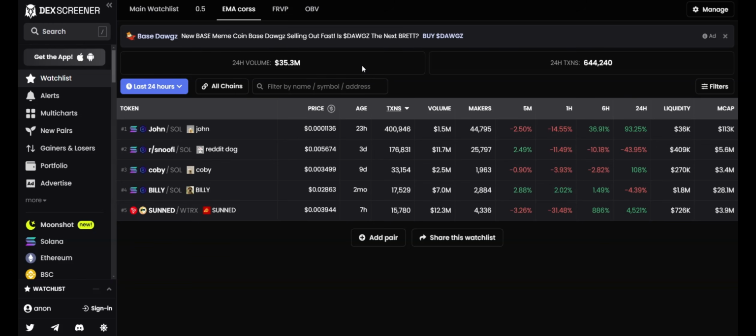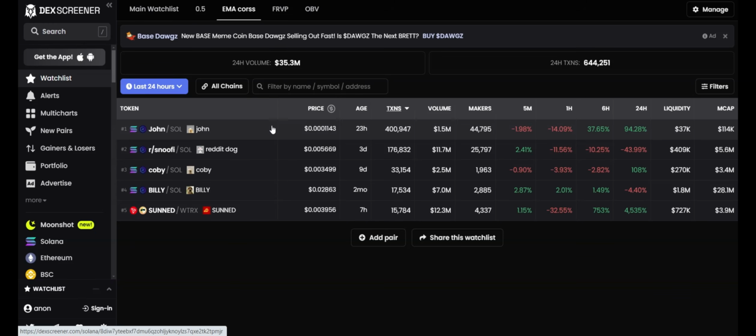So basically, what we're going to do is we're going to look at a few tokens that I've already put in my watch list, and I'm going to start by looking at tokens that have been released just recently. Okay, because this exponential moving average strategy can be used on all time frames.